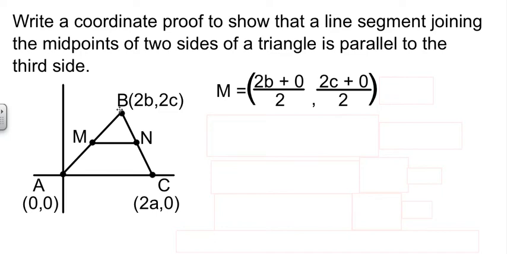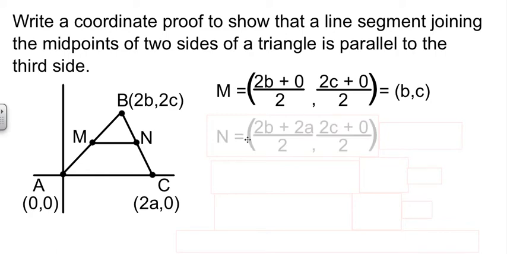0 plus 2b over 2 and 0 plus 2c over 2. Well, that's 2b over 2, which is b, and 2c over 2, which is c. We'll do the same thing for point N, find its midpoint, 2b plus 2a, and 2c plus 0, both over 2.